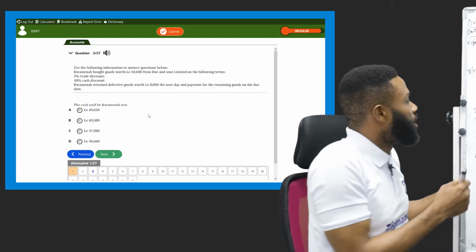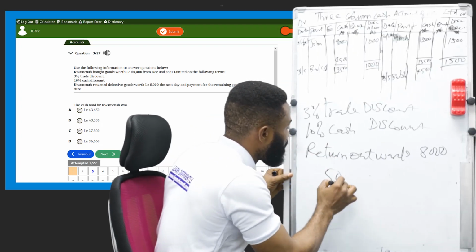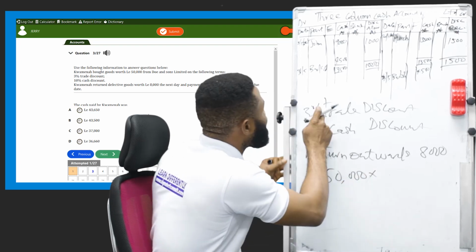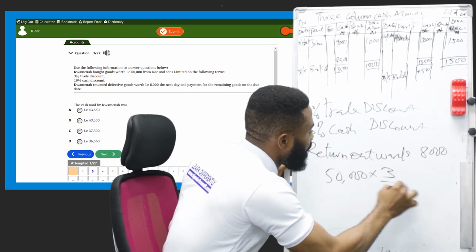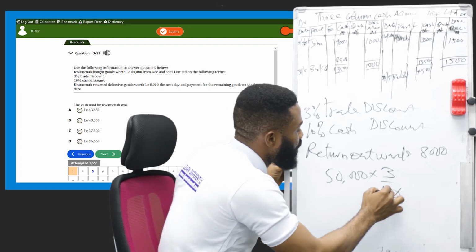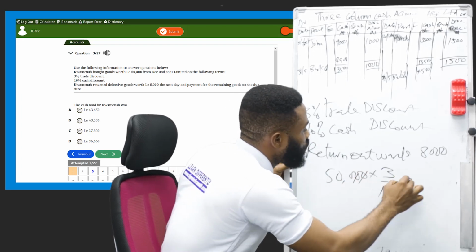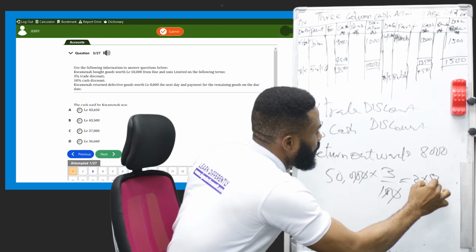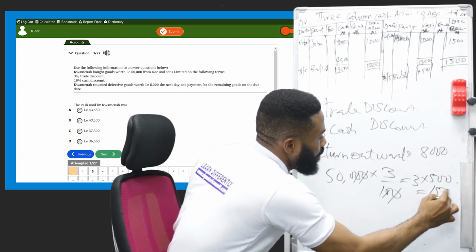What is the amount of money? There is 50,000. So you have your 50,000 times 3%, let's remove this one first. Here we cancel, and you'll be left with 3 times 500, which is 1,500.